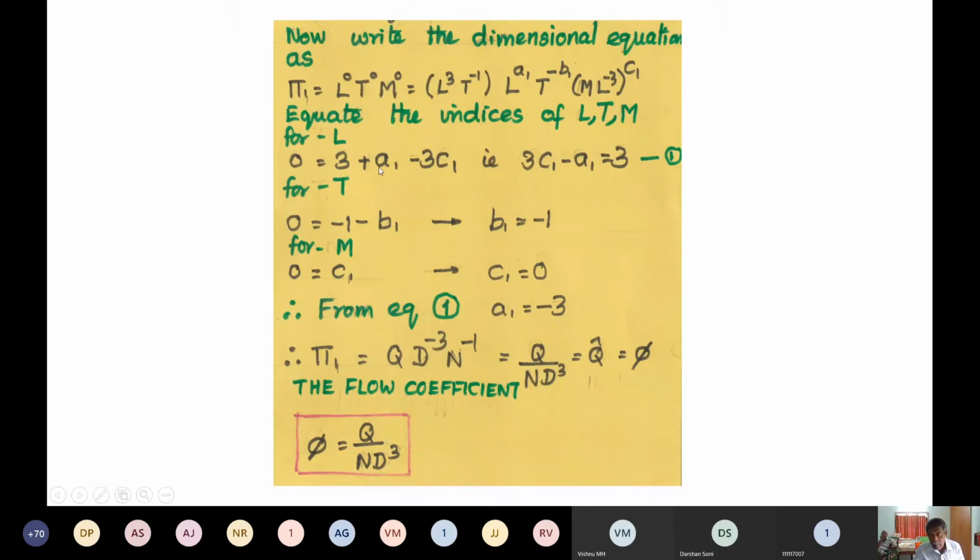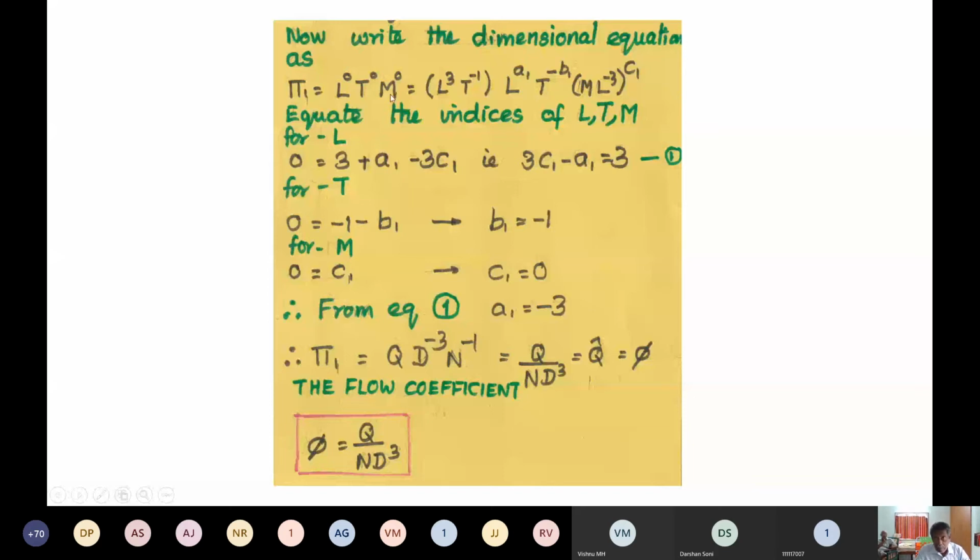Then next I have L power A1, so plus A1, and another from the last one L power minus 3 into C1, so minus 3C1. So that reduces to 3C1 minus A1. 3C1 minus A1 equal to 3. Given equation number 1.